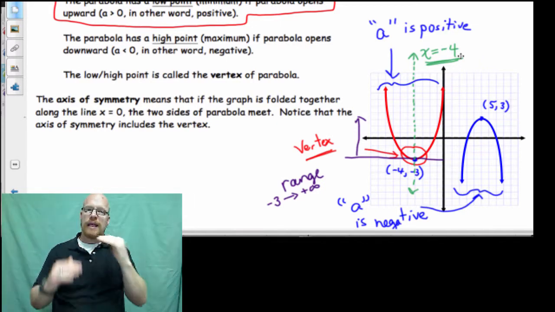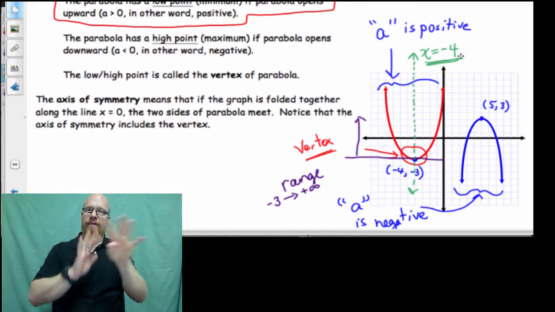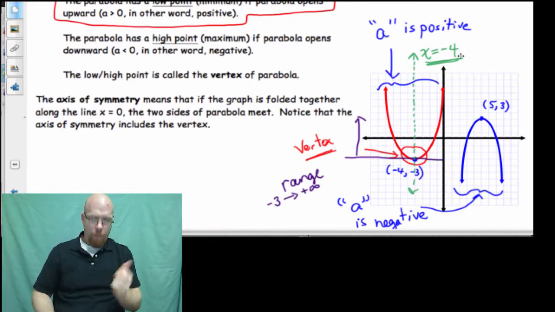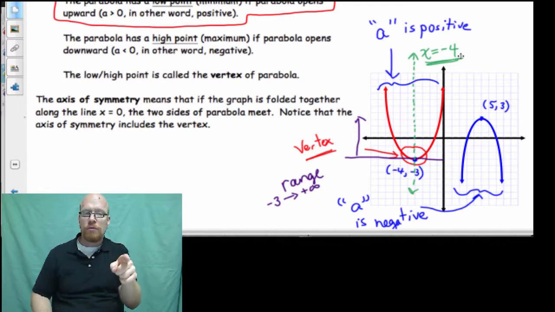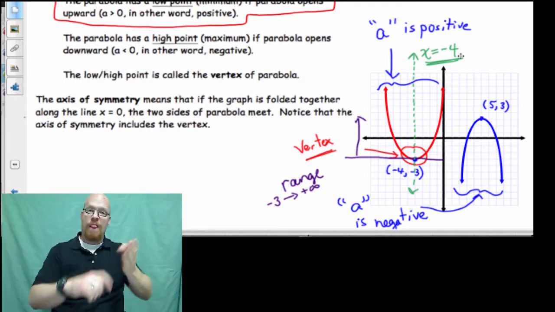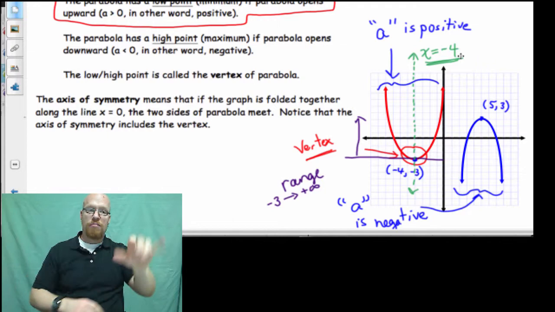Now the x value from the vertex is the equation of the axis of symmetry. X equals -4 is both the x value of the vertex and the equation. X equals -4.